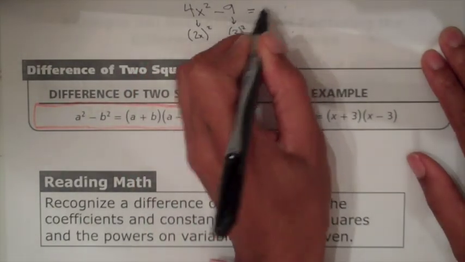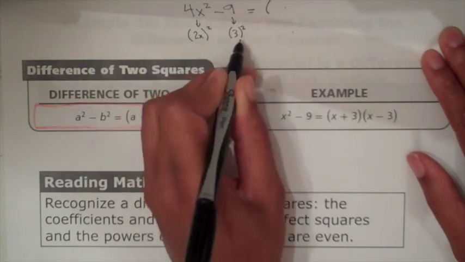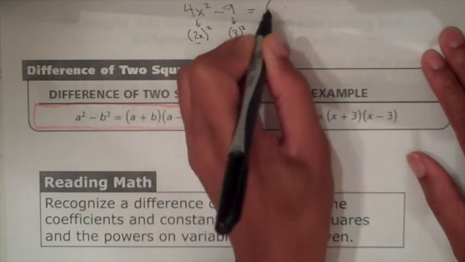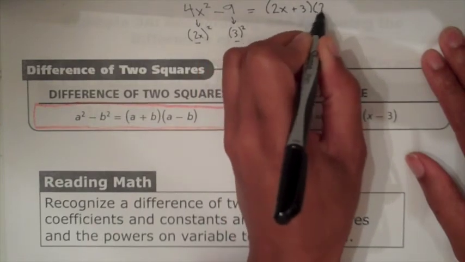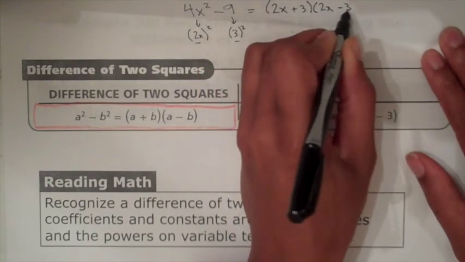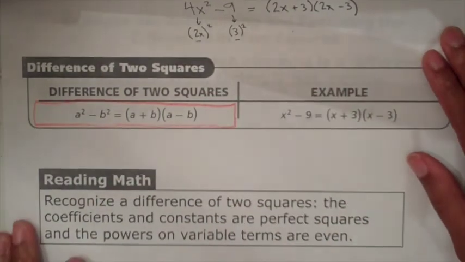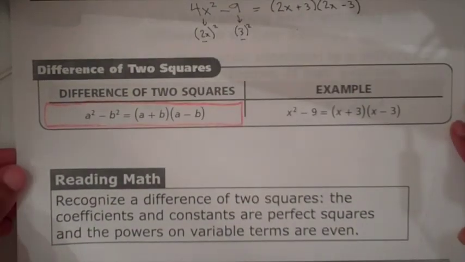So this factors into 2x plus 3 and 2x minus 3. Okay, and looking at some examples of that.